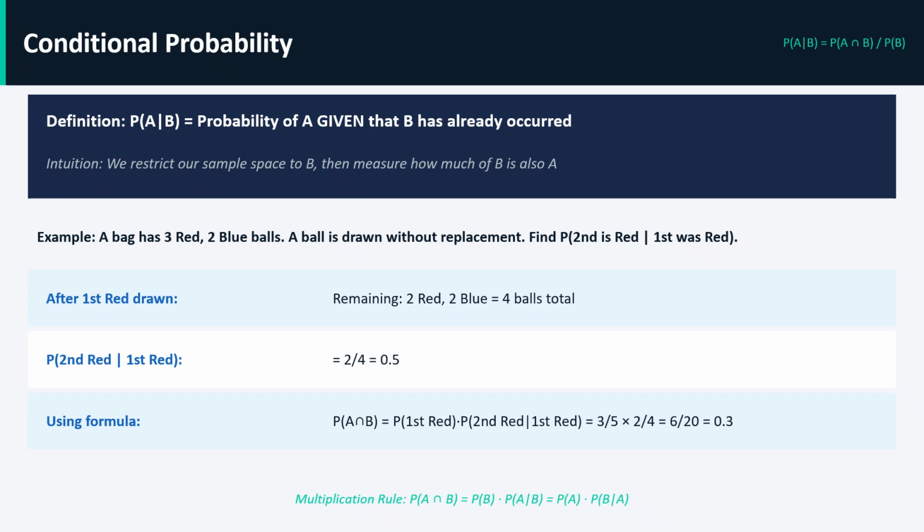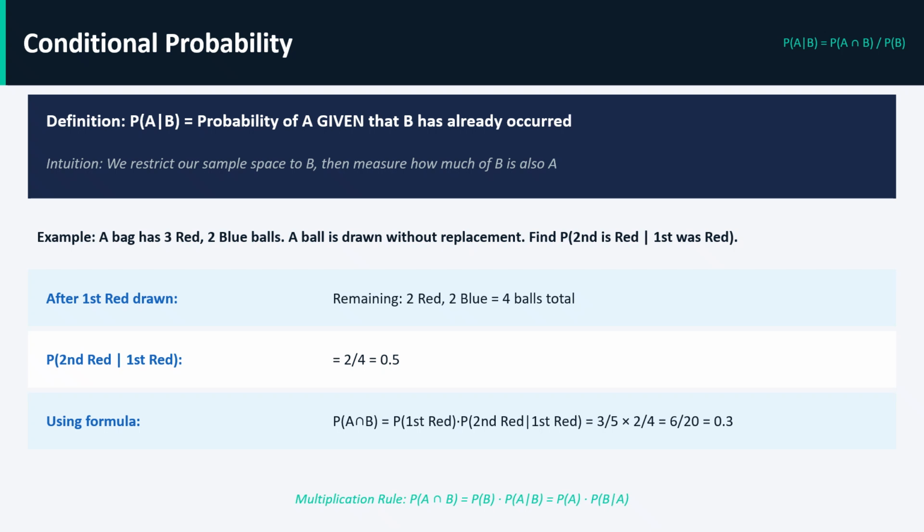Probability of staying indoors given it is raining. Generally, probability of staying indoors is high given it is raining. Intuition is, we restrict our sample space to B, then measure how much of B is also A.